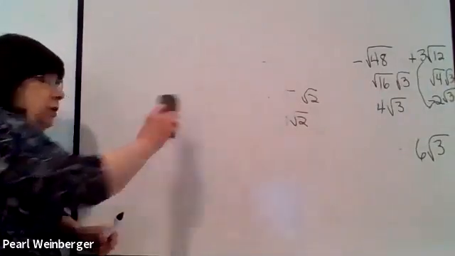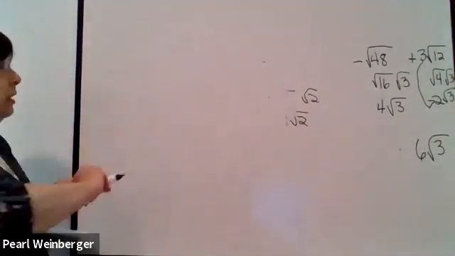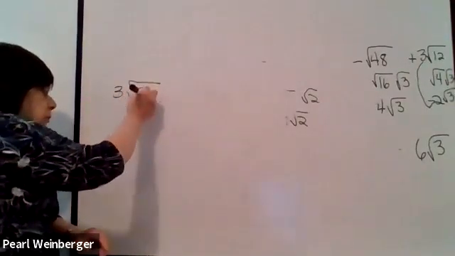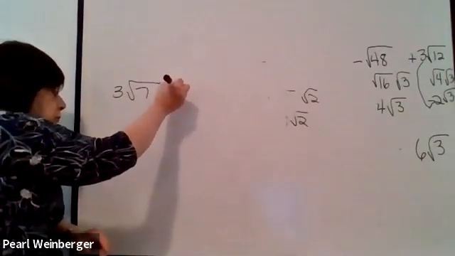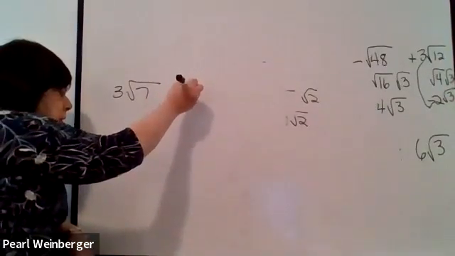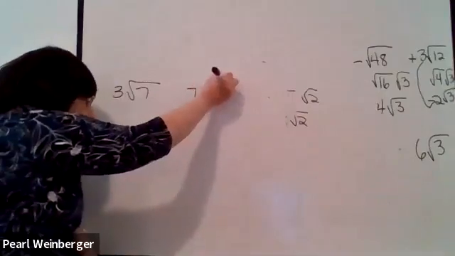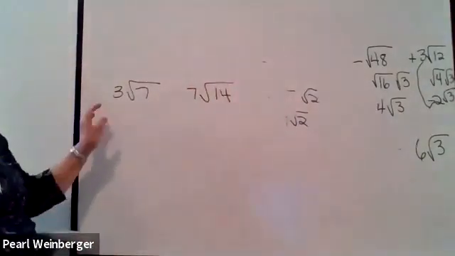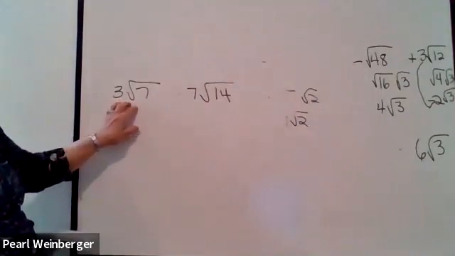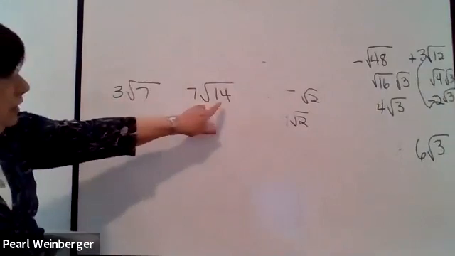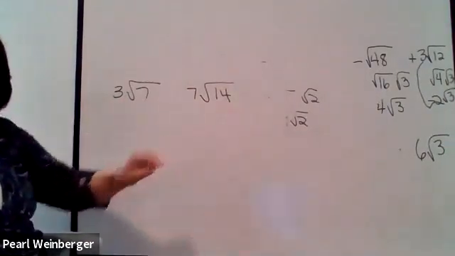And first I'm going to multiply two monomials. This is a monomial because it's just connected by multiplication, and this is connected by multiplication.